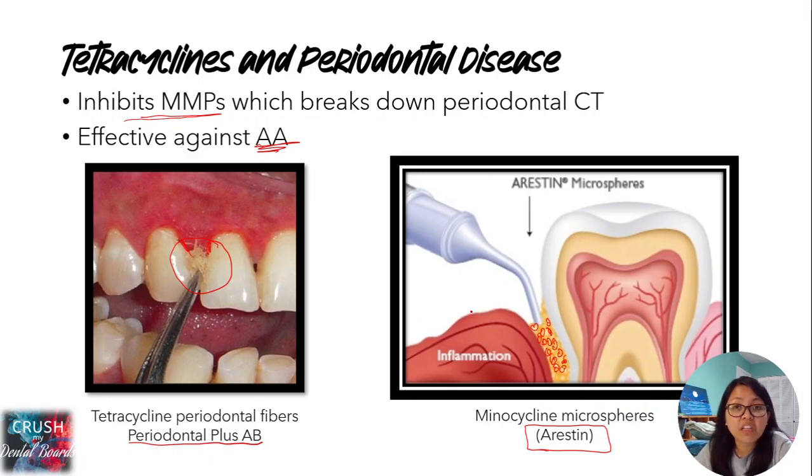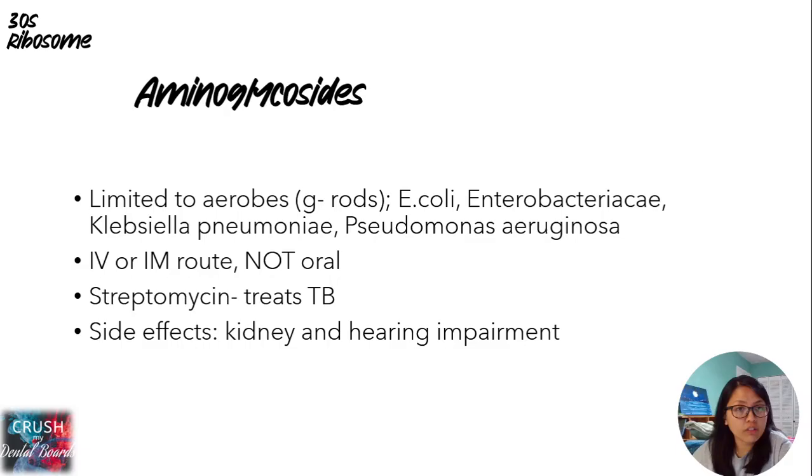Arestin is meant to stay there for the next 45 days undisturbed. And what is it supposed to do? It's supposed to treat the inflammation and improve pocket depths. Okay, so these are tetracyclines used in dentistry, especially in treating perio disease.